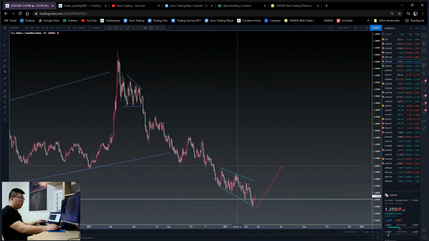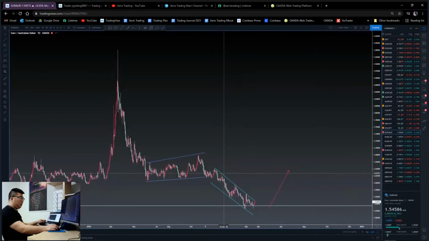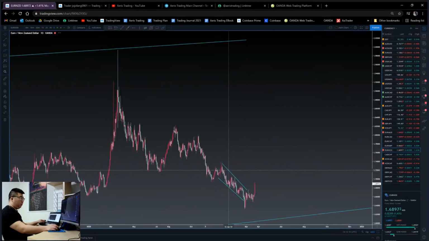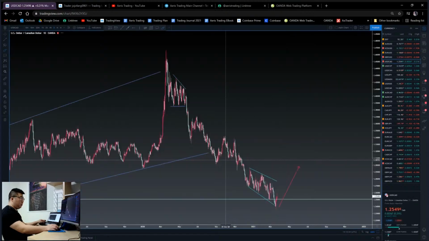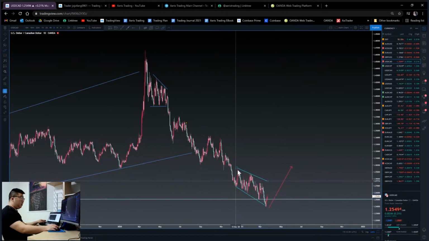And this structure is pretty much similar to Euro Aussie and Euro Kiwi that I'm going to go over, right? Descending channel moving the price down, pretty much a no brainer in my opinion when it comes to a potential reversal, and it's pretty much the same here on dollar CAD.